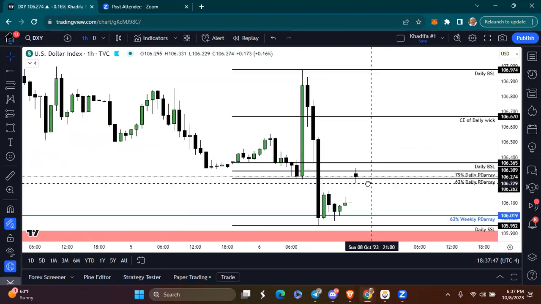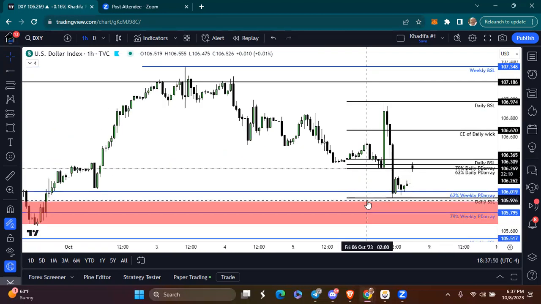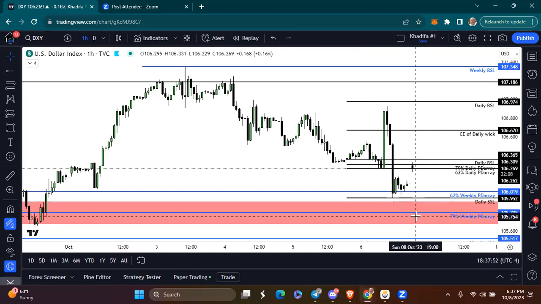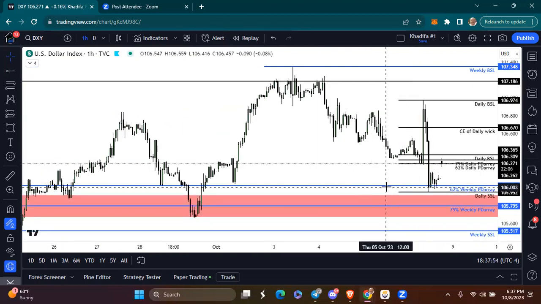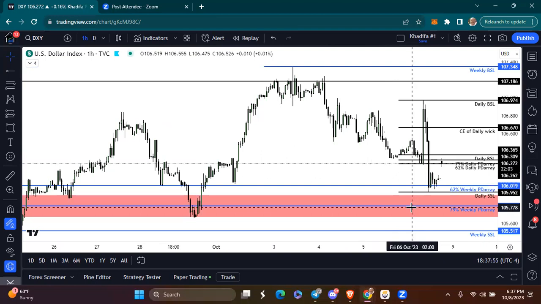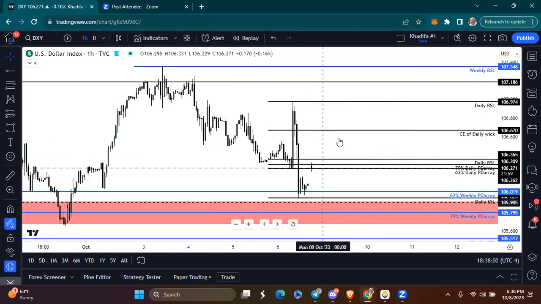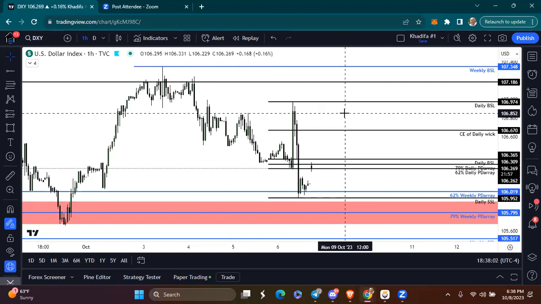That would lead me to believe that price wants to come down and run these sell side PD arrays before continuing higher. Remember that my overall bias for the dollar is bullish, right?